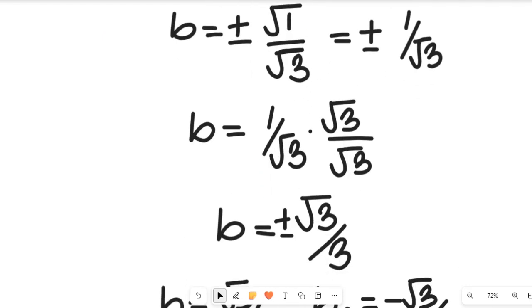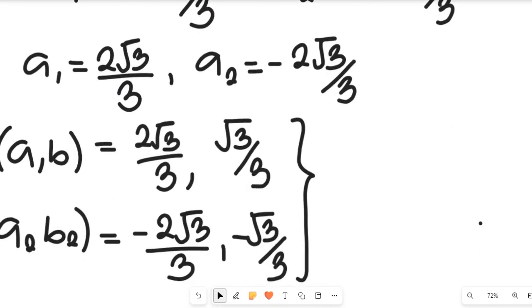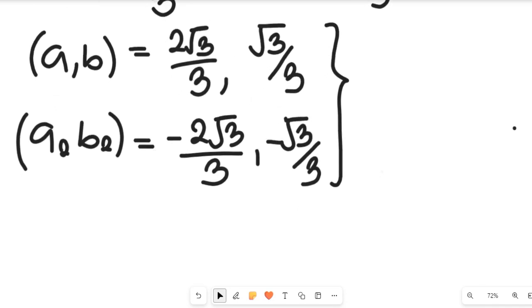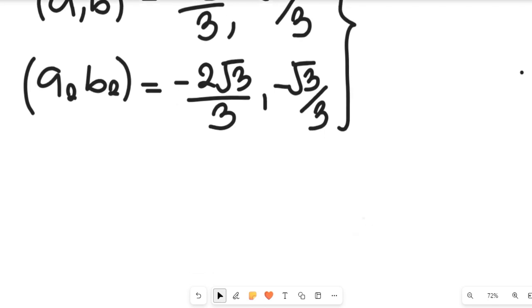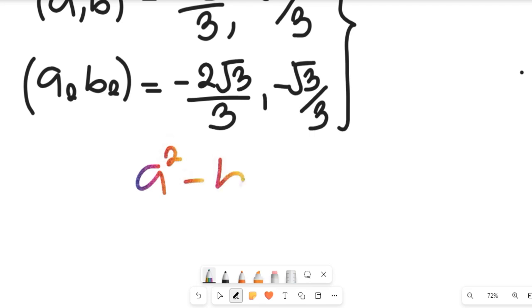Now, in the first expression, A1 is equal to 2 root 3 divided by 3, and B1 is equal to root 3 divided by 3. So, if we have that first expression, can A square minus B square be equal to 1? Let's find out.